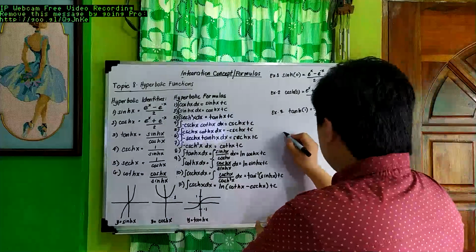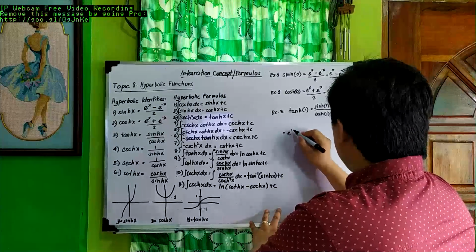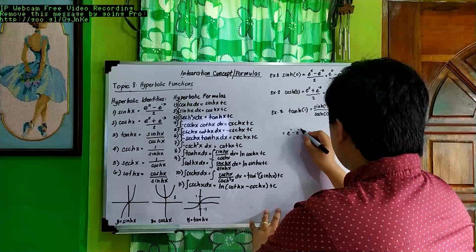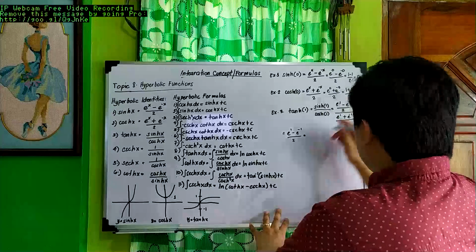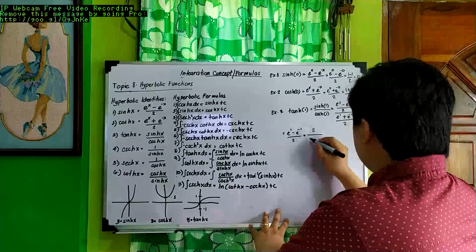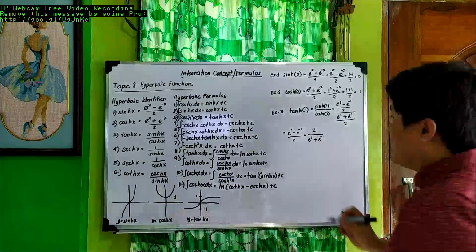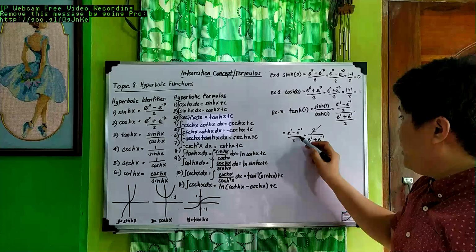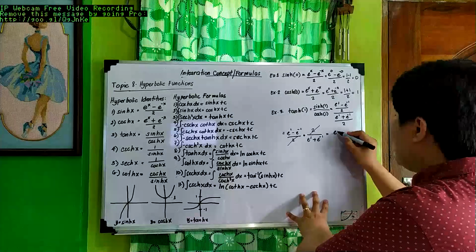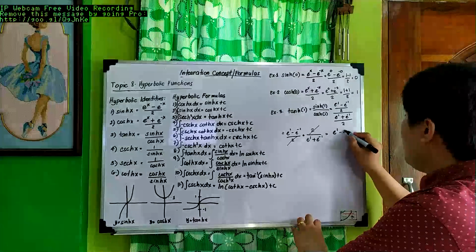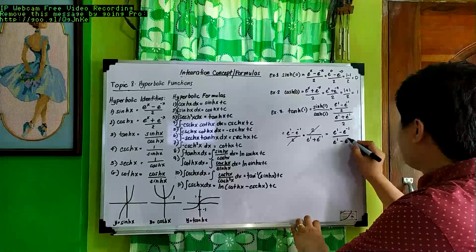So therefore, this is just equal to e raised to the power of 1 minus e raised to the power of negative 1 over 2 times, change this one, it becomes like this, 2 over e raised to the power of 1 plus e raised to the power of negative 1. So from here, we could cancel the 2. What remains is e raised to the power of 1 minus e raised to the power of negative 1 over e raised to the power of 1 plus e raised to the power of negative 1.